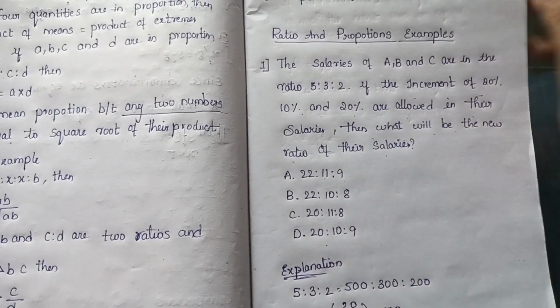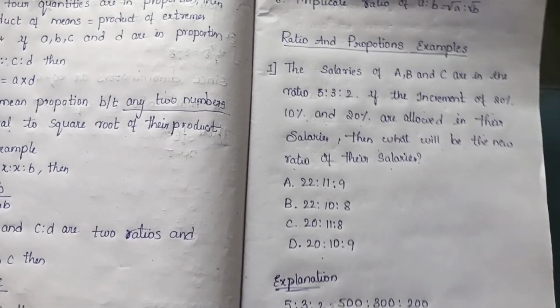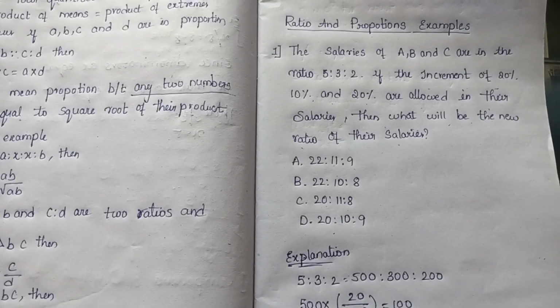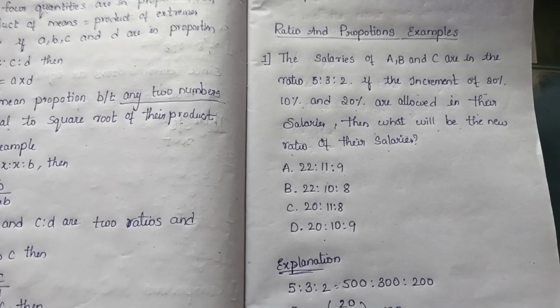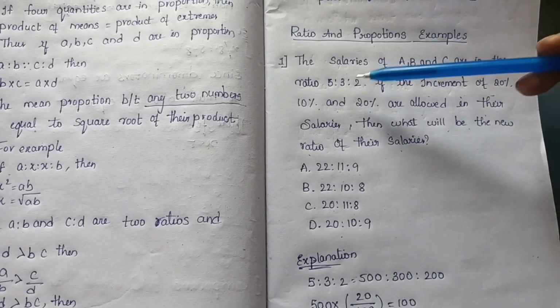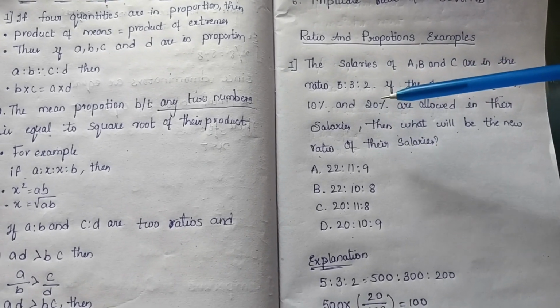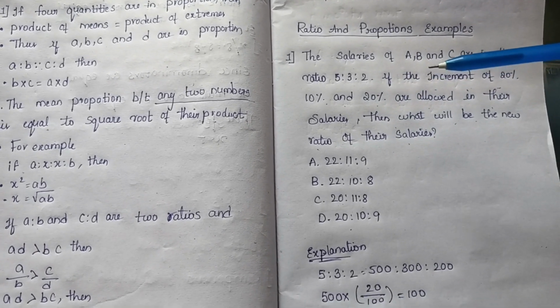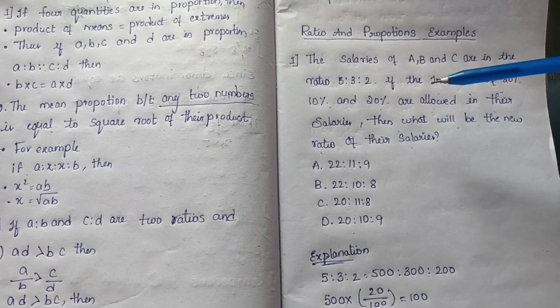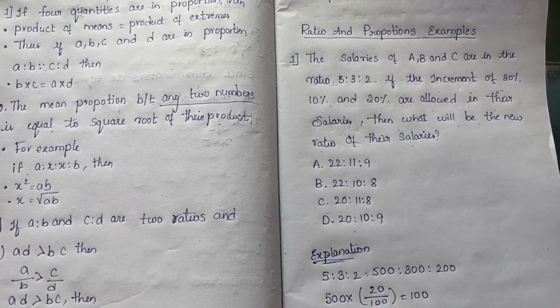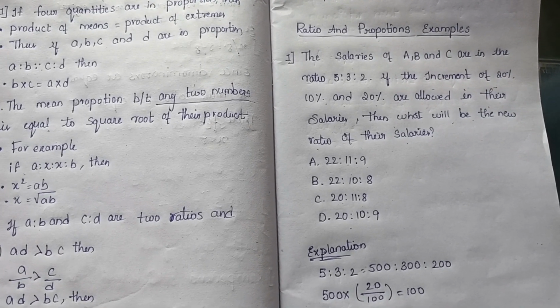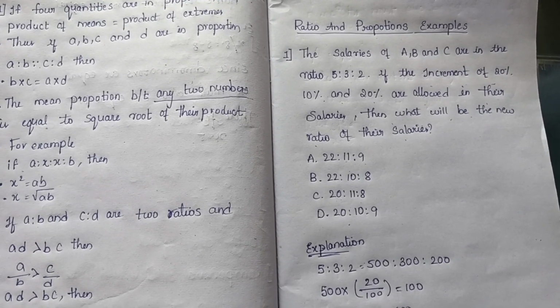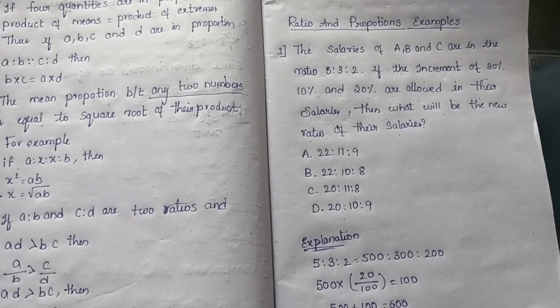So let's understand the question carefully. Whenever a question gives only the ratio, we can assume convenient values. Here the ratio is 5 is to 3 is to 2. To make percentage calculations easier, let's multiply the terms by 100.